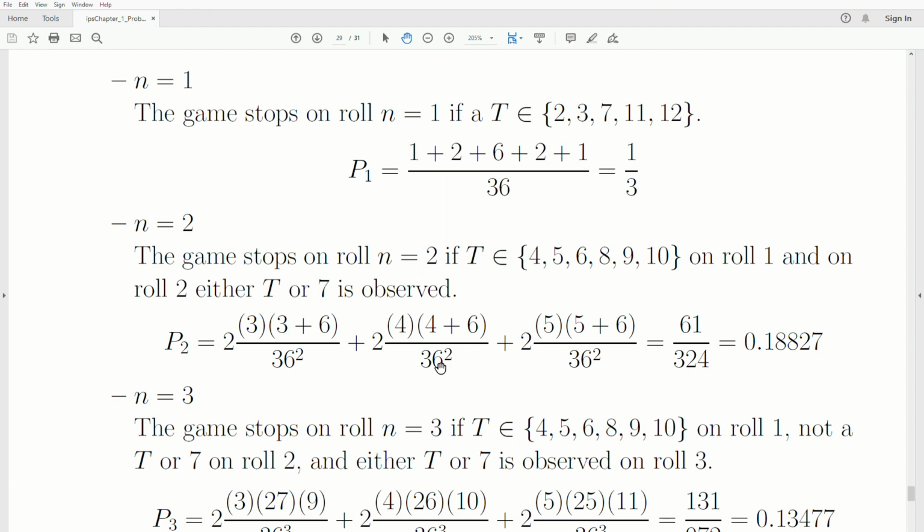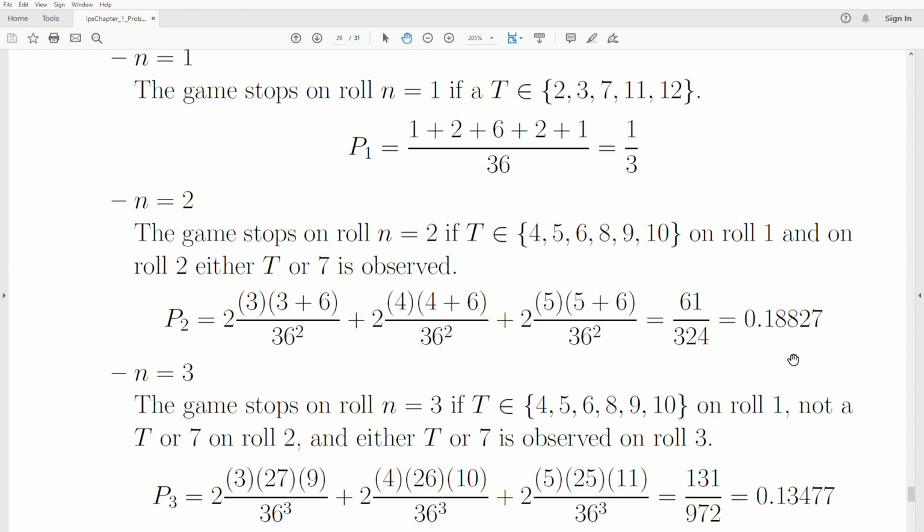And so this is the probability. And then this is the probability for a 6: roll a 6 and then roll a 7 or a 6 on the next roll. So that's roughly a 19% chance that the game stops after 2. So the probability that the game stops on 1 or 2 rolls, you just add those up.